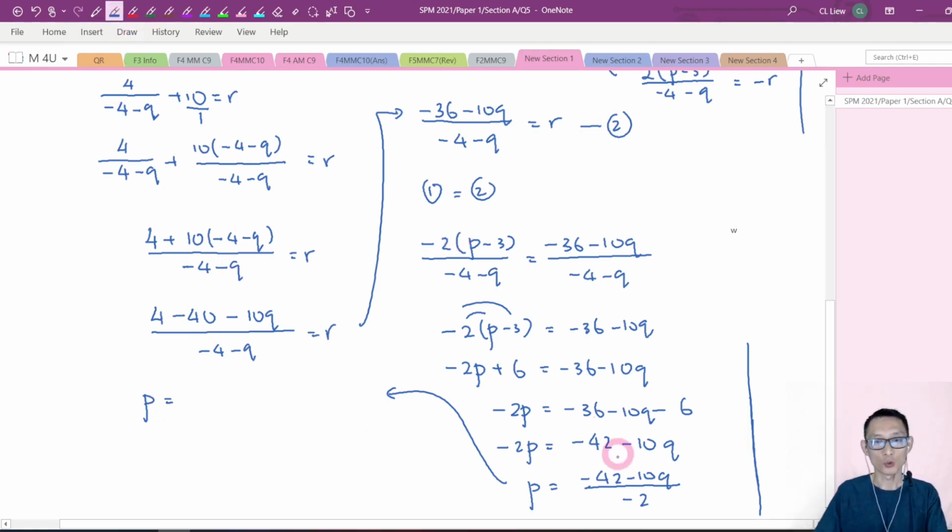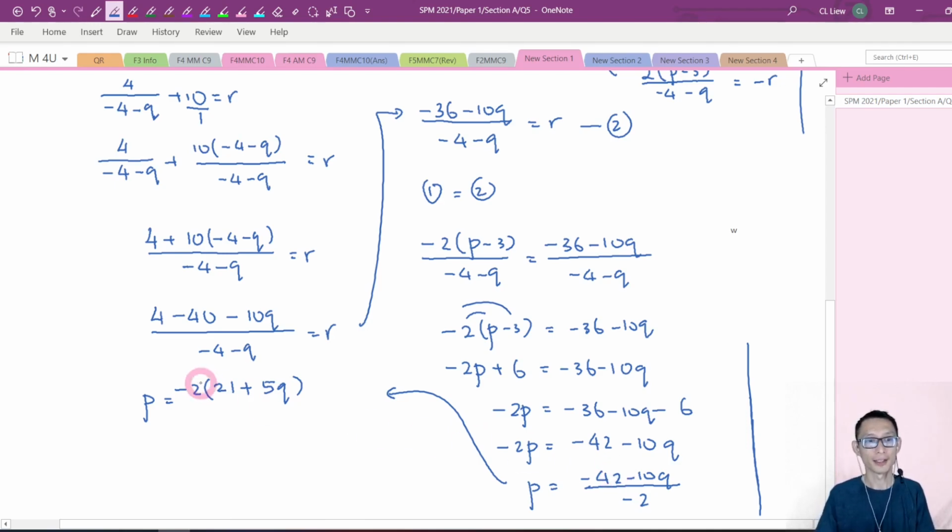Okay, what I'm going to do next, here I do some factorization. Negative 2. So try to think, negative 2 multiplied by what number will give you 42? 21, right? So be careful whenever you factorize a negative number, all the signs here will change. Negative will become positive, negative will become positive. Okay, let me double check. Negative 2 times 21, you will get negative 42.